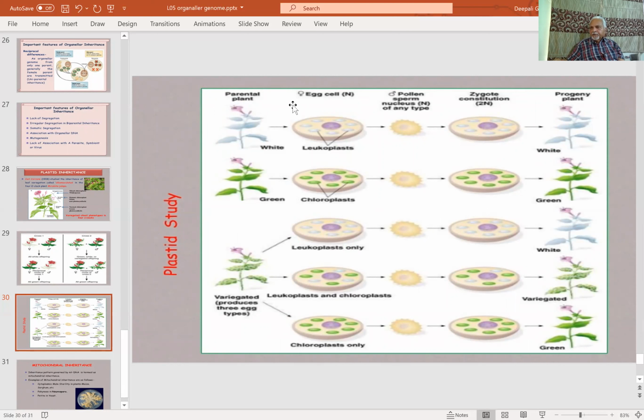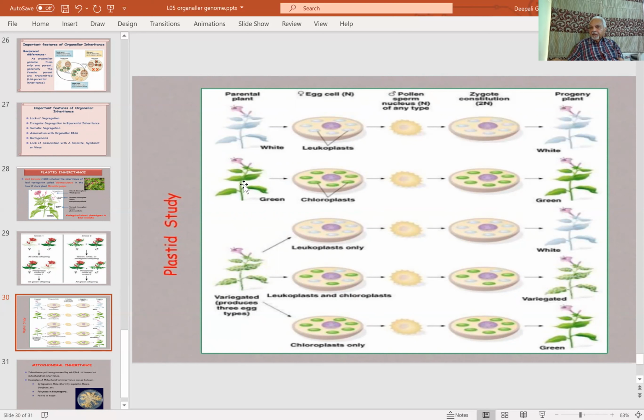So, for example, when you take a white female plant, the egg cell has leucoplasts. Leucoplast means colorless plastids. And when it is crossed with the male, even the green leaf male, you get a zygote where you have all the leucoplasts, and all offspring plants have white leaves.